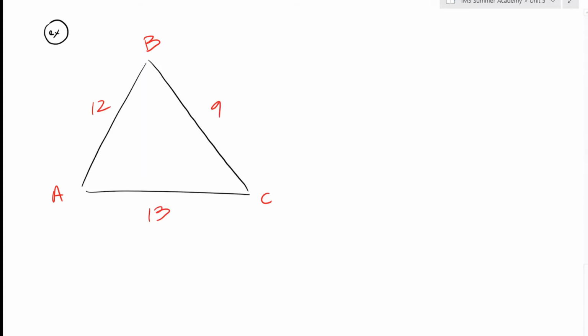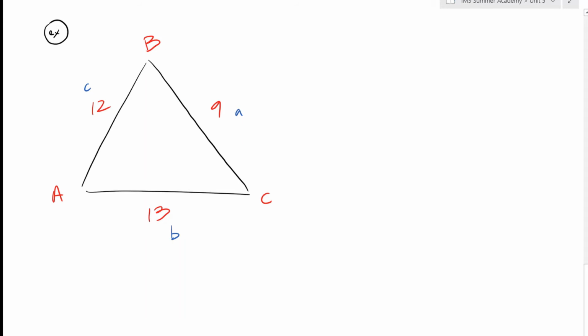They give us this triangle here. Angle A, angle B, angle C. They give us on the sides 12, 9, 13. So maybe this time, instead of waiting to find out what we're trying to find, let's label our sides. So 9 is little a, 12 is little c, and 13 is little b.